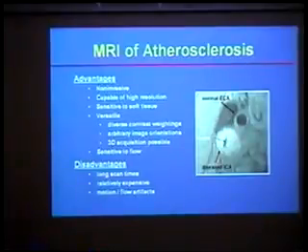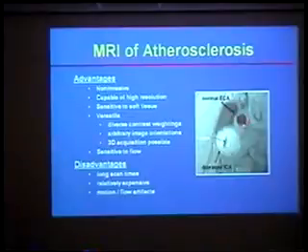This is a picture of a human carotid MRI, and this shows what the lesion looks like on MR images. This is the internal carotid, and this is the external carotid. If you look at the external carotid, it's easier to understand. This is the near normal lumen, and this is the wall.